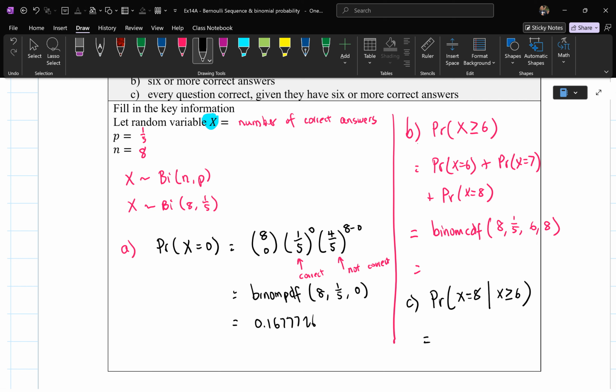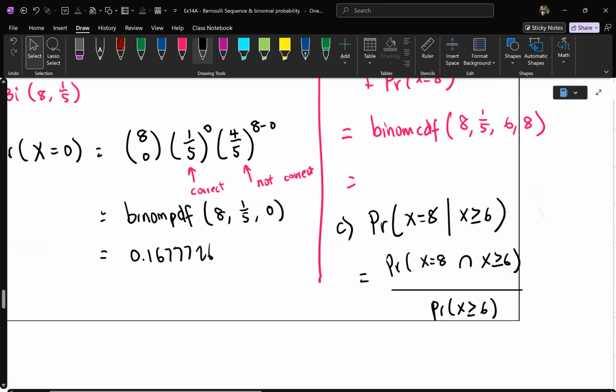Now remember conditional probability. This is the same as finding probability of intersection of 8 and... probability, how do you do it again? Probability of A intersection B. So intersection of 8 and greater than or equal to 6 divided by what's given. So it's probability of X greater than or equal to 6, which we would have calculated from the previous question.